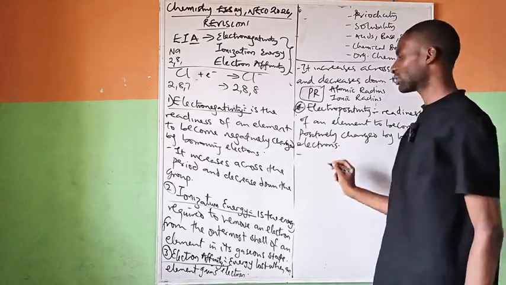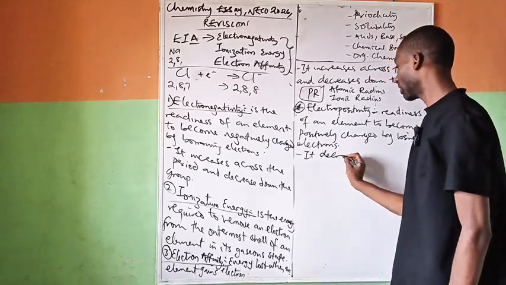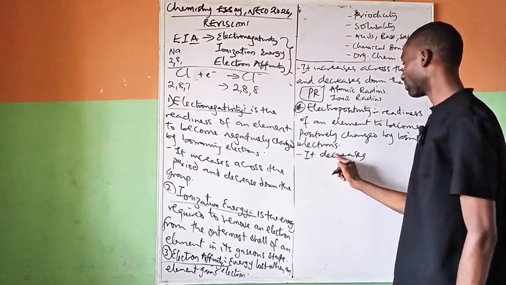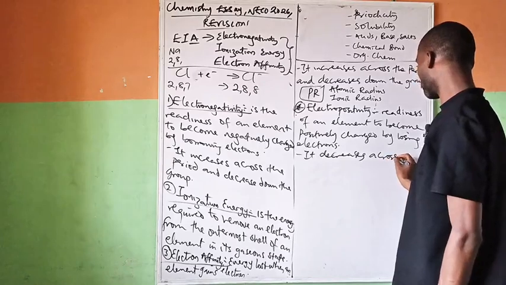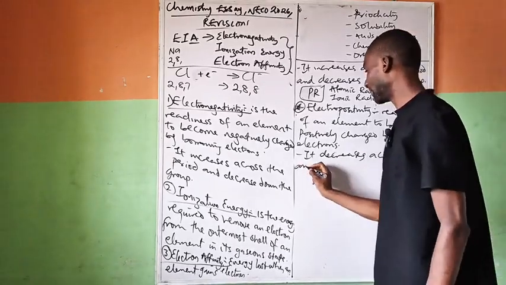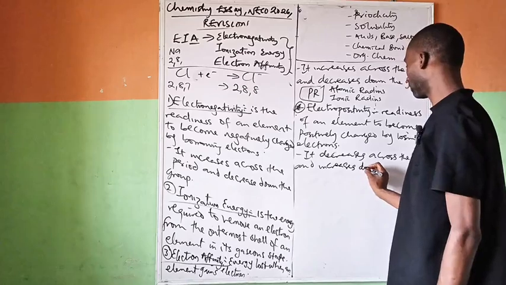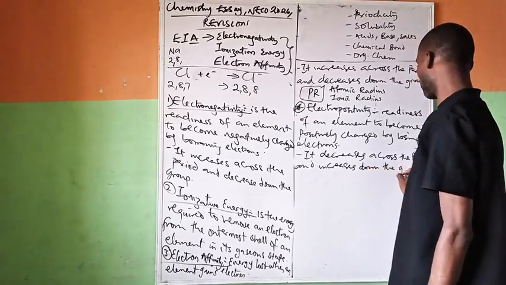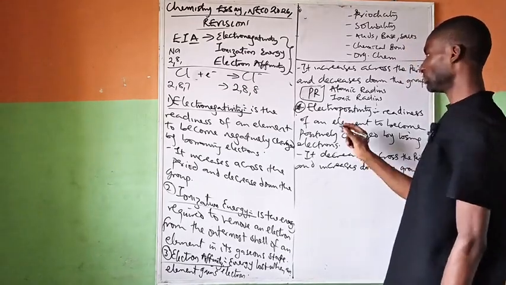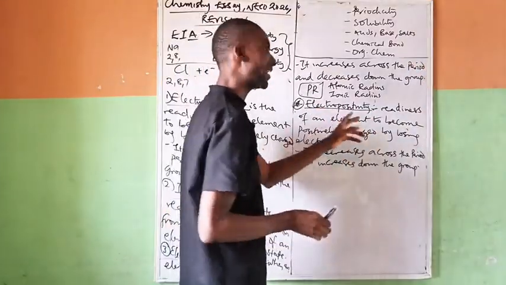Now, what happens with this property? It decreases across the period and increases down the group. That is electropositivity. We have discussed electropositivity.